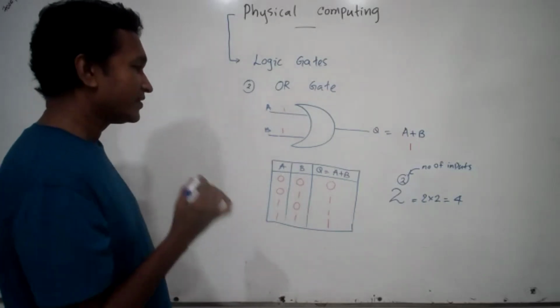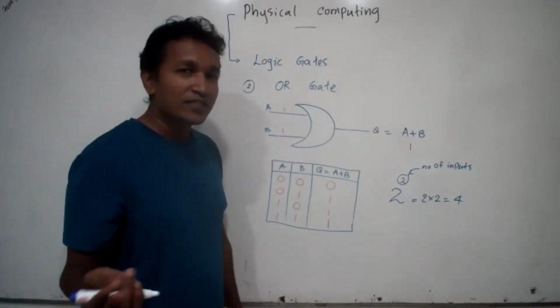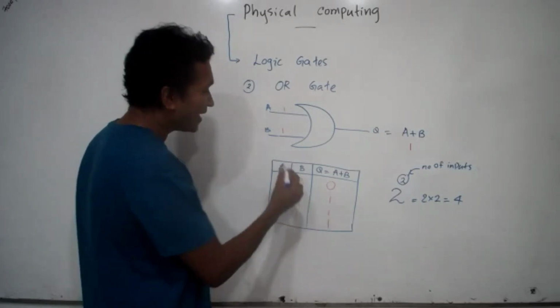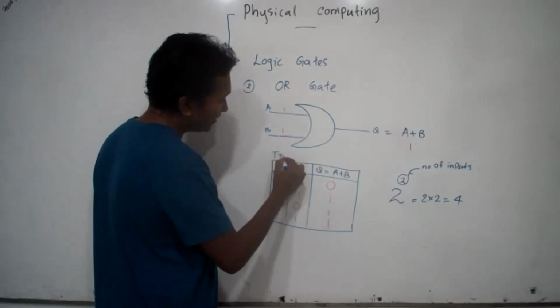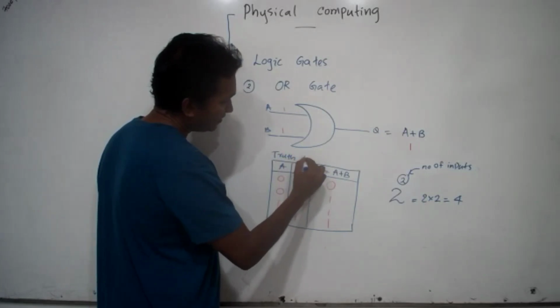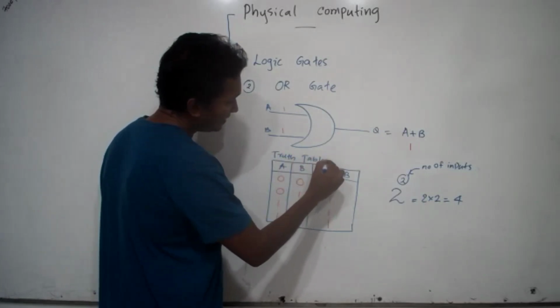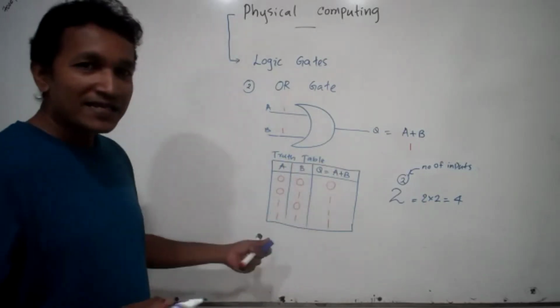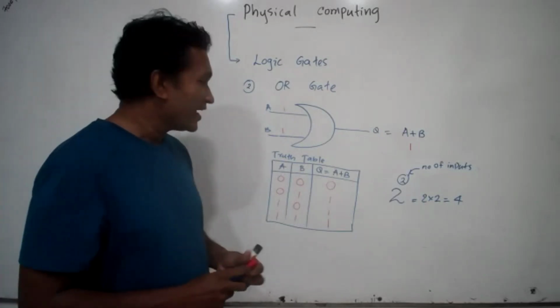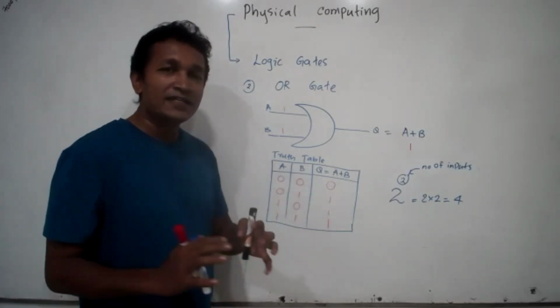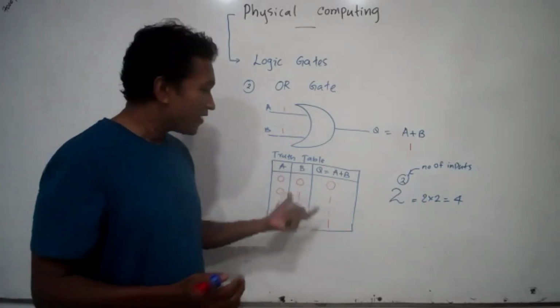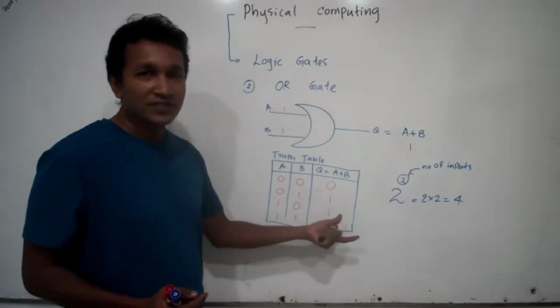In logic, we call this table the truth table. In this table, we find the possibilities of the output.